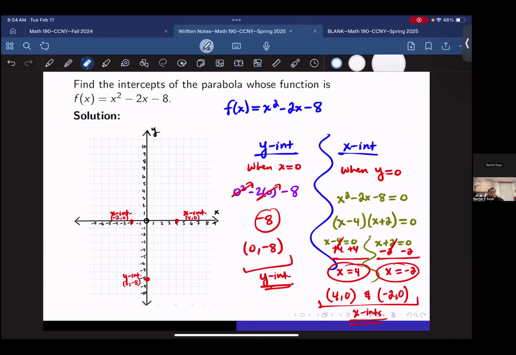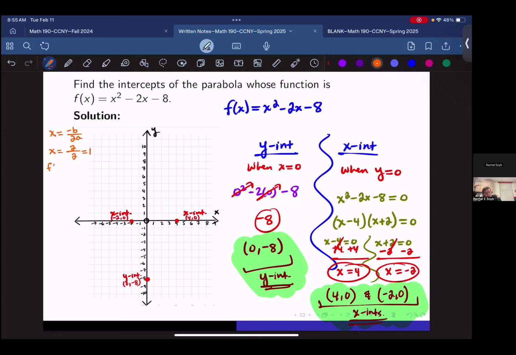And so our answers are done. We were just asked to find our y-intercept and our x-intercepts. However, if we wanted to graph it just for extra practice, off to the side here, let's quickly find our axis of symmetry, our -b/2a, which ends up being 2/2, which is 1.